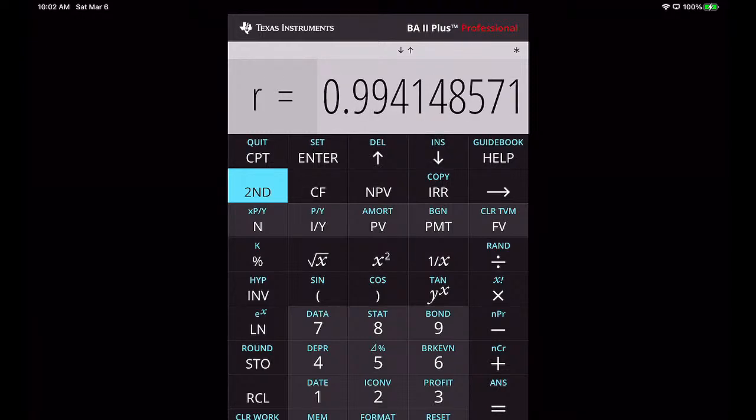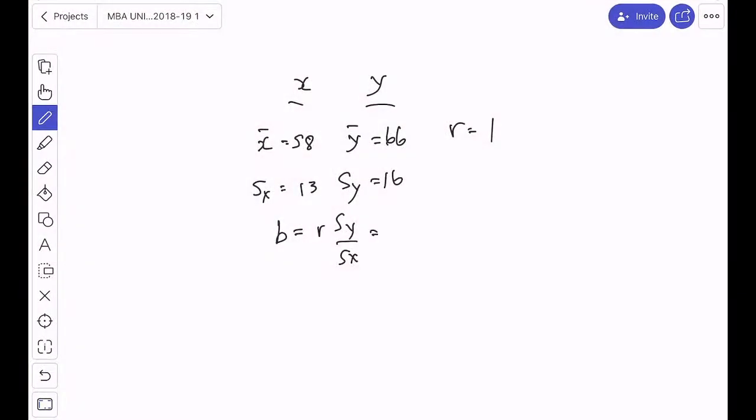Anyway, to round to no decimal places, it would be 1. If I had to calculate R, we're going to do that exercise. We're going to calculate R together as well. So it depends on the type of question you have. Here, you can use all of this to show me how you get B and the line.